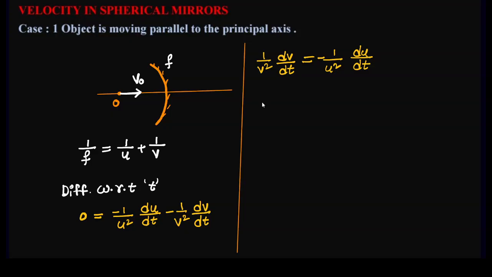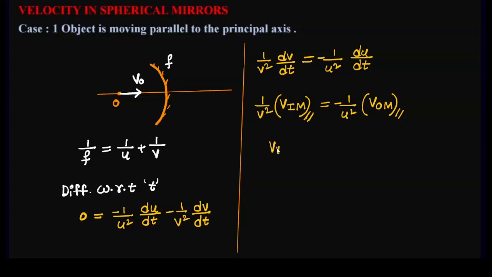Now I am writing the image velocity with respect to the mirror in the parallel direction, and that is equal to minus 1 by u square into the velocity of the object with respect to the mirror in parallel direction.